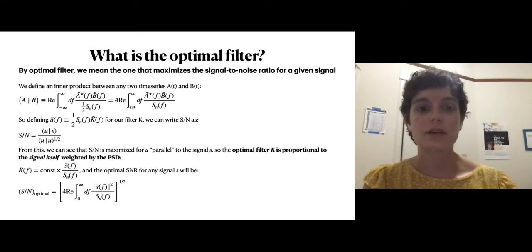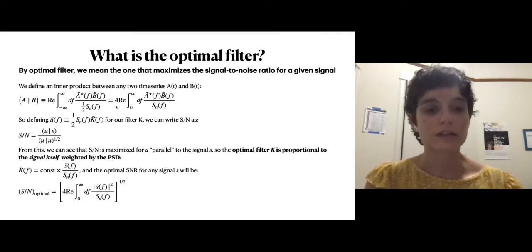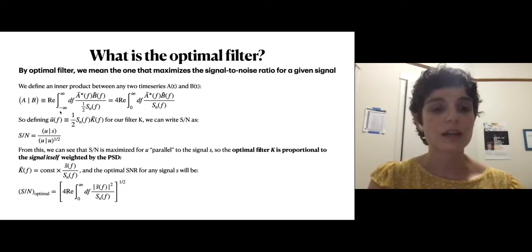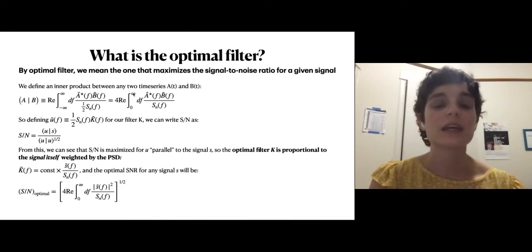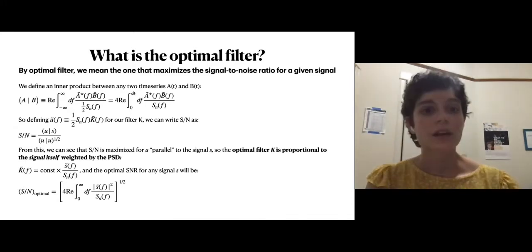This is because these are real time series, we get a factor of 2 from here, and we get another factor of 2 from switching the integral bounds from -infinity to infinity to 0 to infinity. And we can just write this as 4 times the real part of the same thing without the 1/2 term and switching the bounds of the integration.